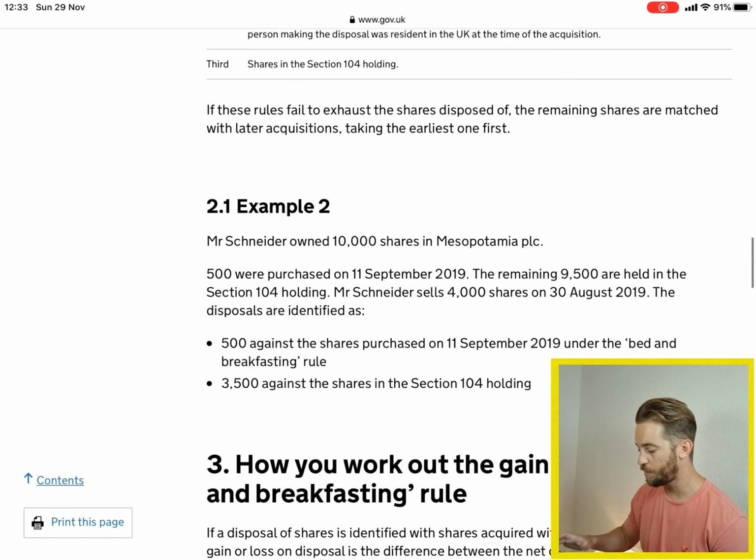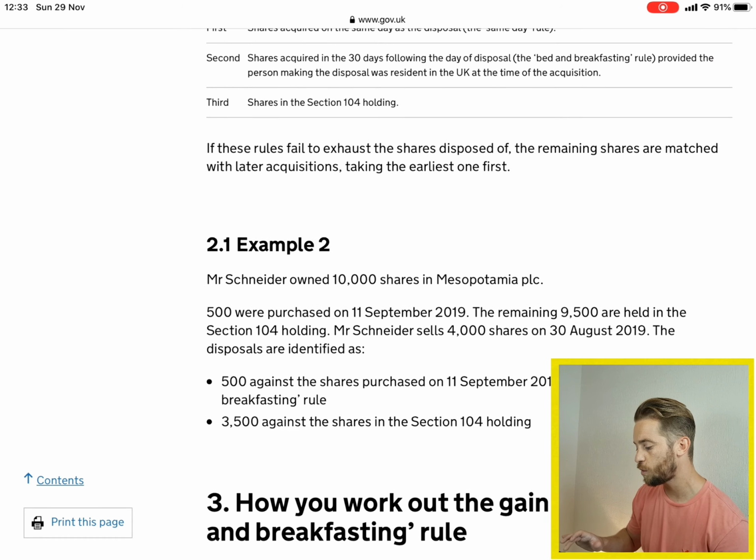Let's quickly look at the example that they have below. Very simple. So Mr. Schneider owned 10,000 shares in Mesopotamia PLC. 500 were purchased on the 11th of September 2019. The remaining 9,500 are held in the section 104. Mr. Schneider sells 4,000 of his shares on the 30th of August 2019.